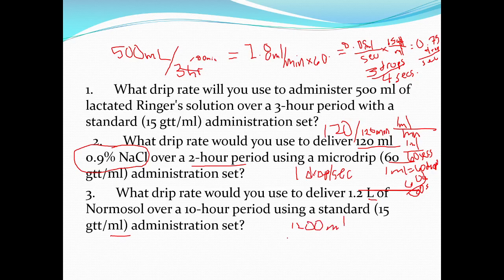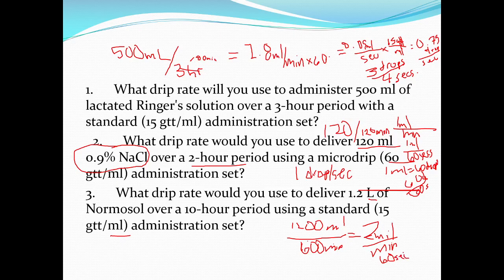Over 10 hours, or 600 minutes, 60 times 10. 1,200 divided by 600 is going to be 2 mils per minute, or 2 mils every 60 seconds.